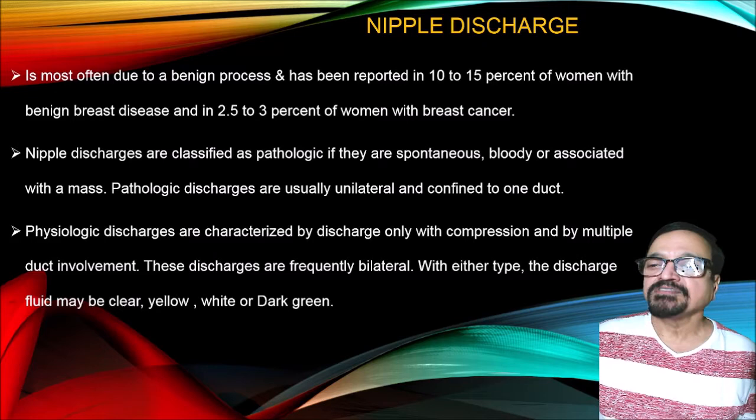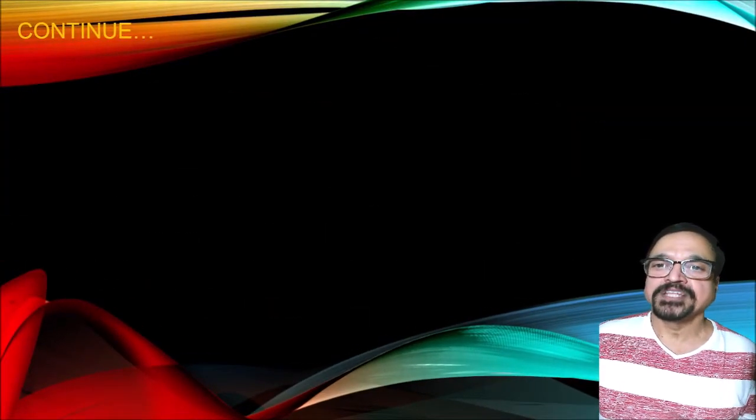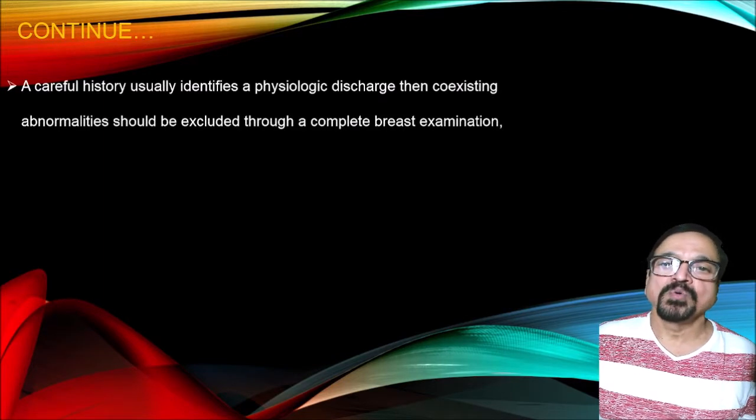These discharges are frequently bilateral with either type. The discharge fluid may be clear, yellow, white or dark green. So again, a clinical importance, from which duct it is coming, number one. Number two, what is the type, what are the associated symptoms. All this information is given by a clinician.